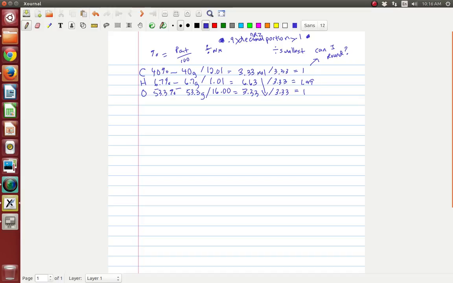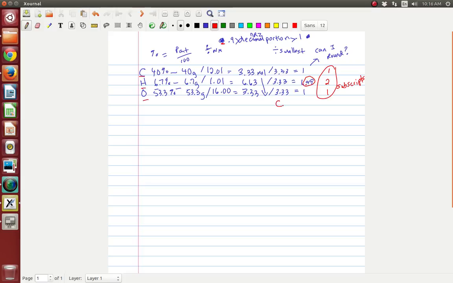So we look at the decimal portion of this particular mole ratio, and it's 0.99, and that falls in this area. So yes, I'm allowed to round. I round these to 1, 2, and 1. So now what is the empirical formula? All these numbers right here are the subscripts of the atoms in my molecule.